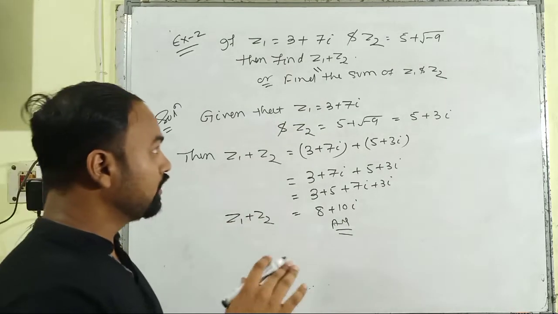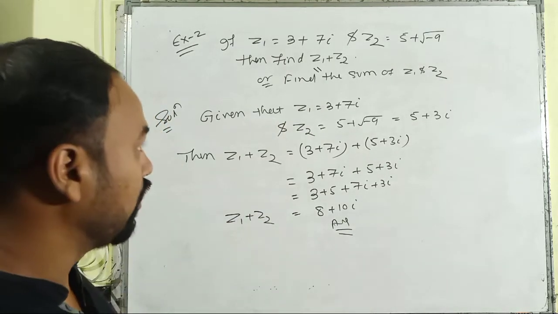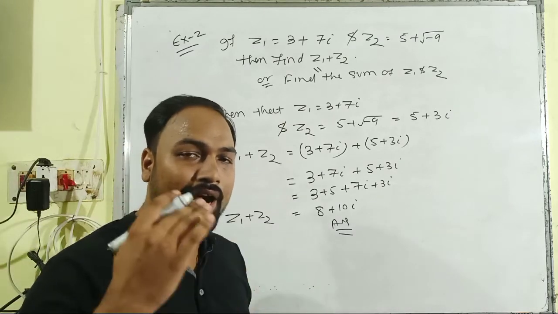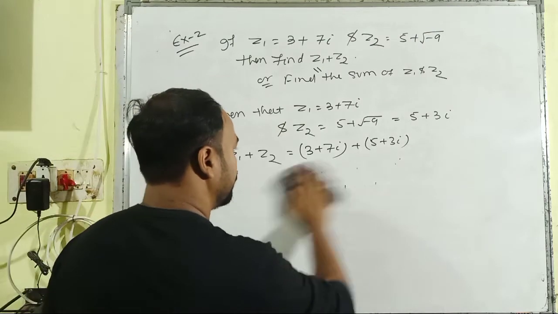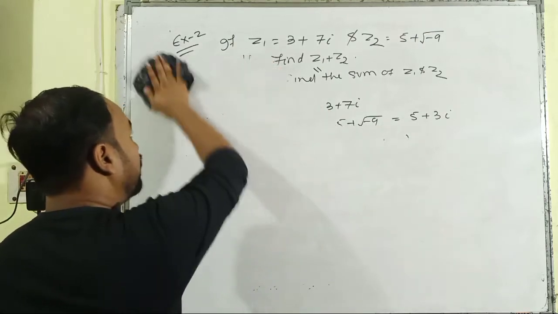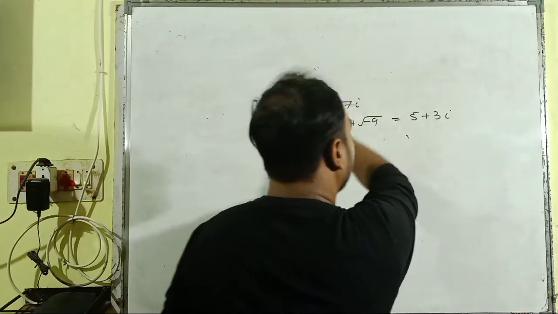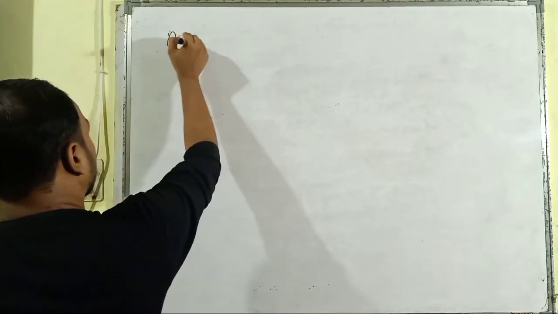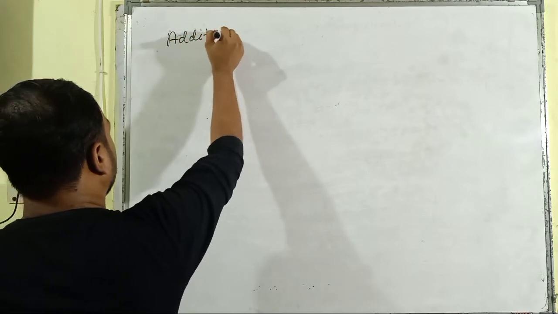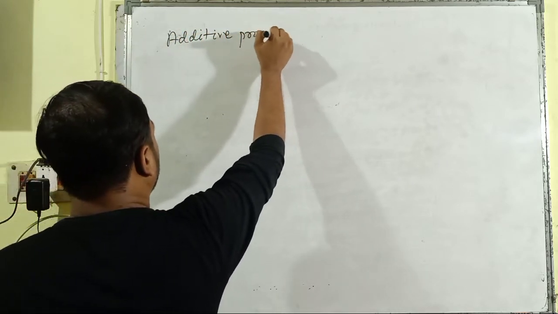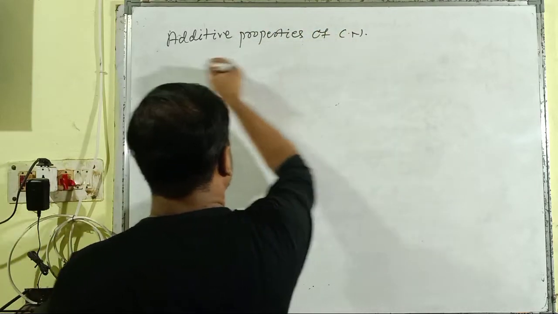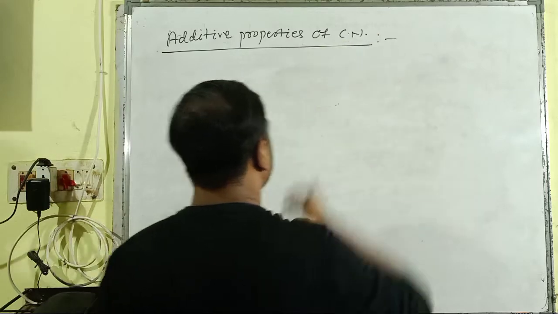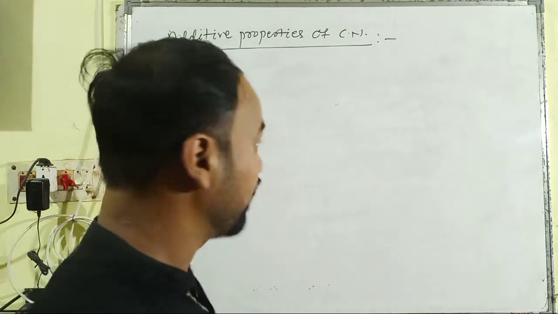Okay. Then next, moving towards some of the properties, that means additive properties of a complex number. So let us go through the additive properties of a complex number. There exist 5 additive properties of complex number.